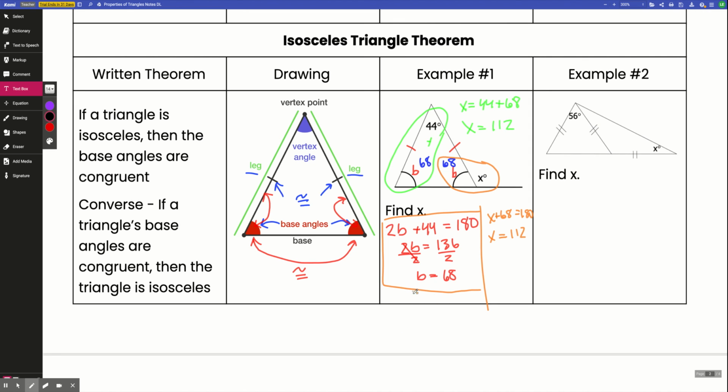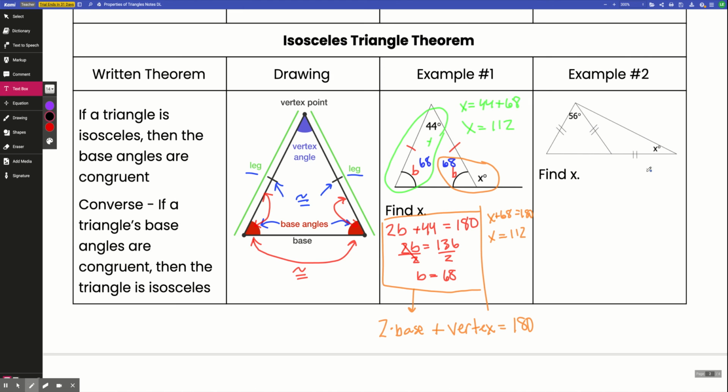So the general formula here is 2 times the base angle plus the vertex angle has to equal 180, okay? It's just depending on the problem. Sometimes they'll give you the base angle, sometimes they'll give you the vertex angle and ask you to solve for something that's missing, okay?